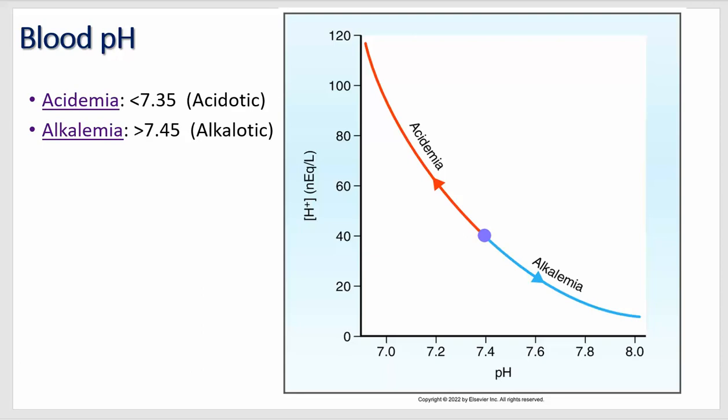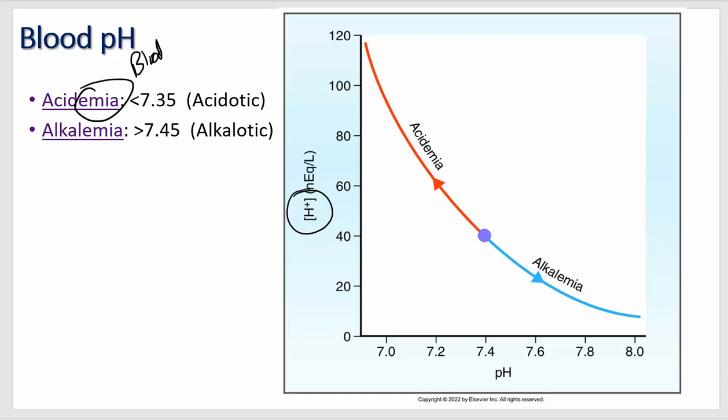All right, so blood pH. So terminology. This is kind of a nice little graph if you like it. It looks at the hydrogen ion concentration increases, and then how that reflects back here on the pH. But acidemia, so really emia means in the blood.